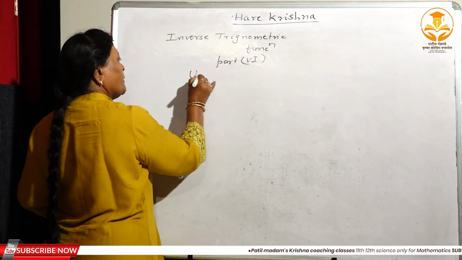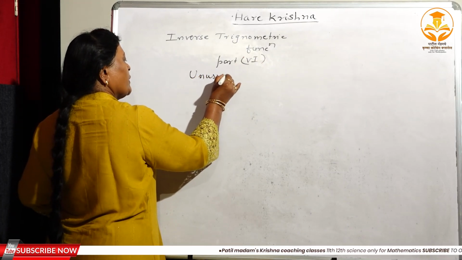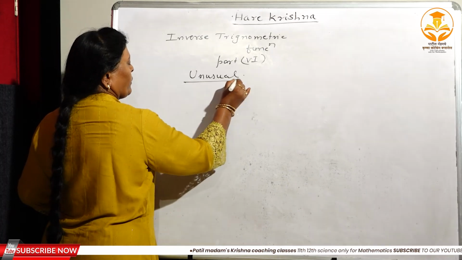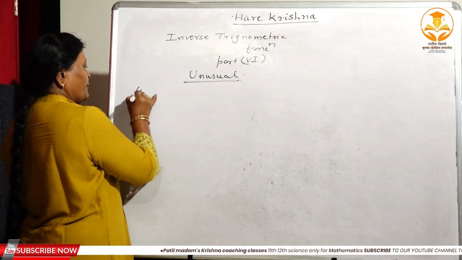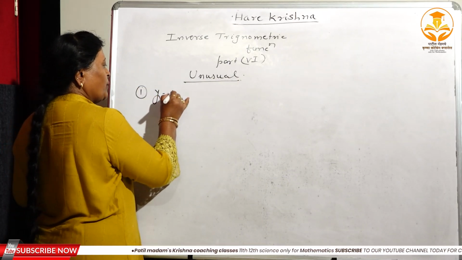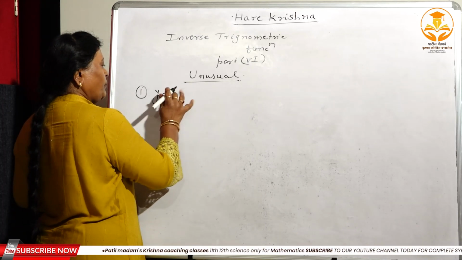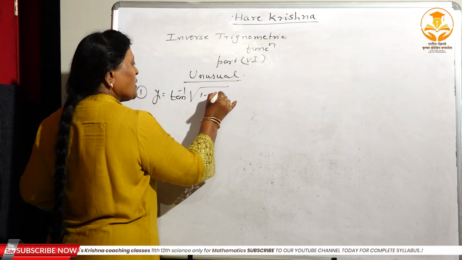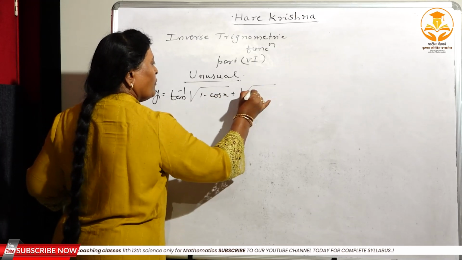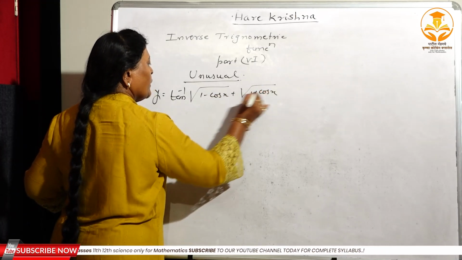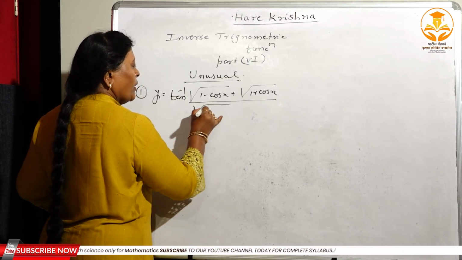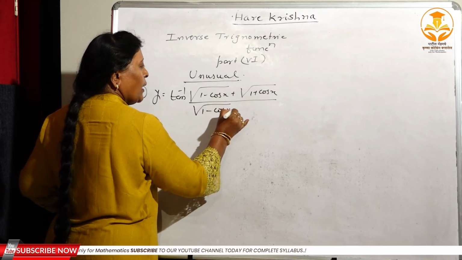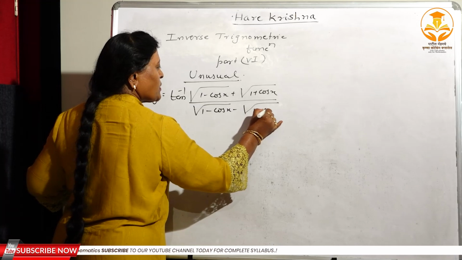The first one: y is equal to tan inverse of (root of 1 minus cos x, plus root of 1 plus cos x) divided by (root of 1 minus cos x, minus root of 1 plus cos x).